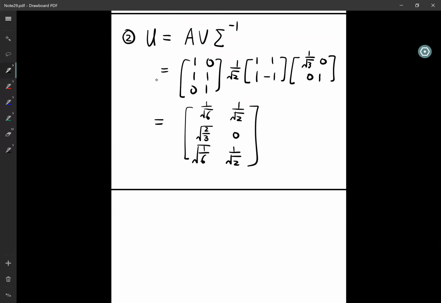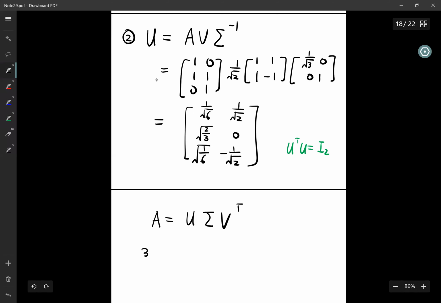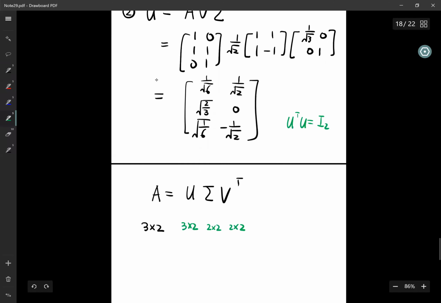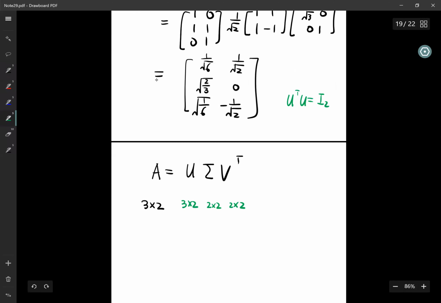And this is positive, this is negative. So indeed, we have U transpose U equal to I2. So then we have A equal to U sigma V transpose. This is a 3 by 2 matrix, this is 2 by 2, and this is 2 by 2. We obtain the SVD. Any question?